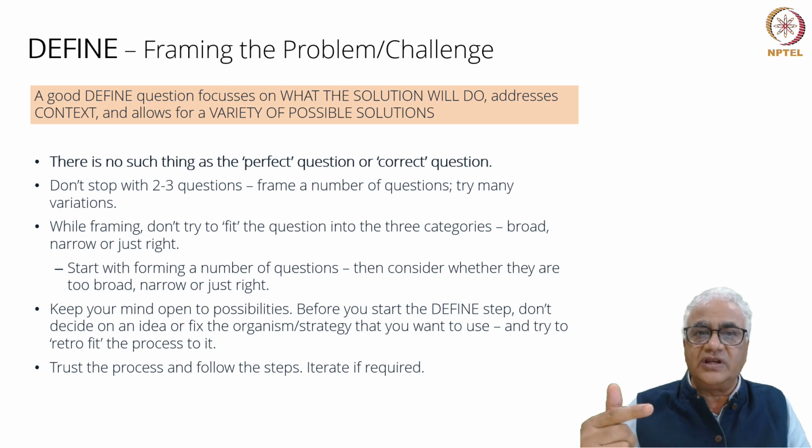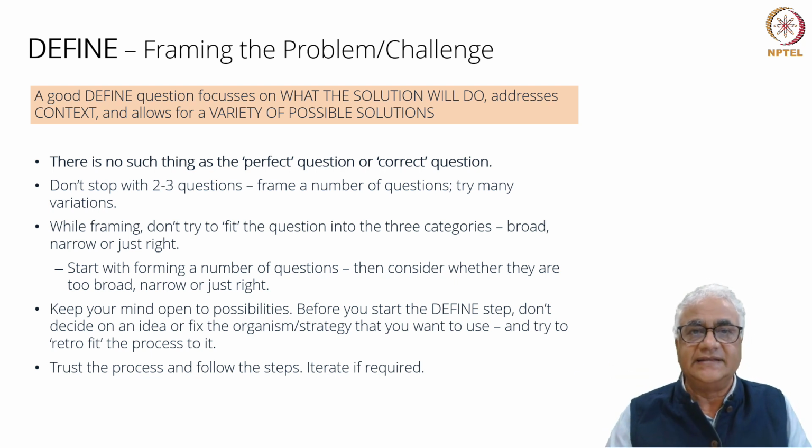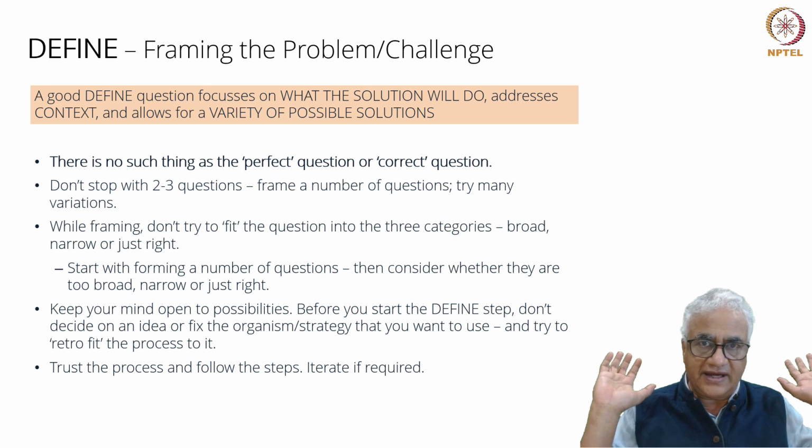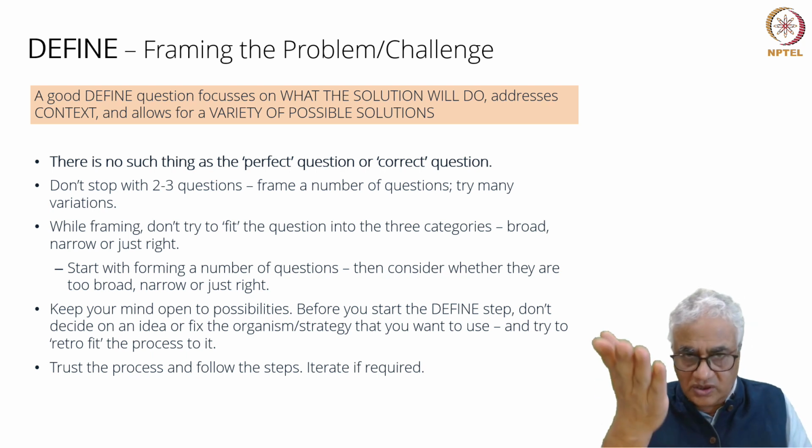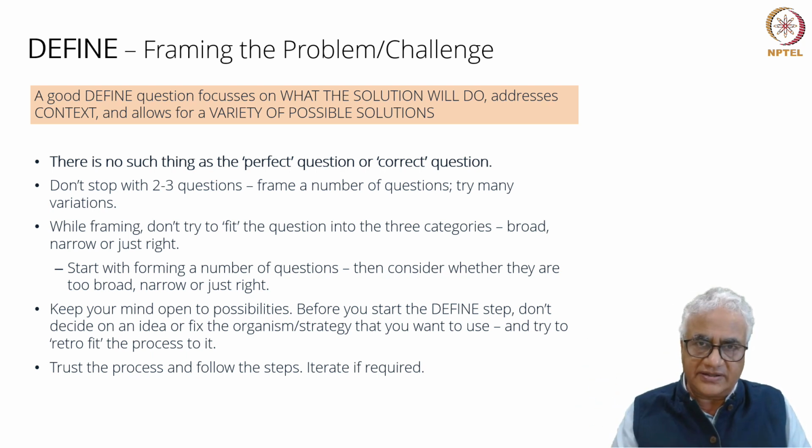I want my solution to protect things when I'm walking is a good way to define a problem. And then, of course, you also learned the rules for framing the challenge. The most important of these rules is trusting the process and iterating if required.